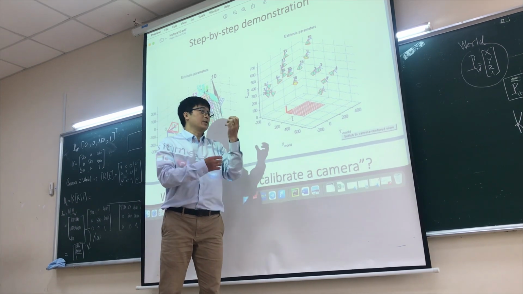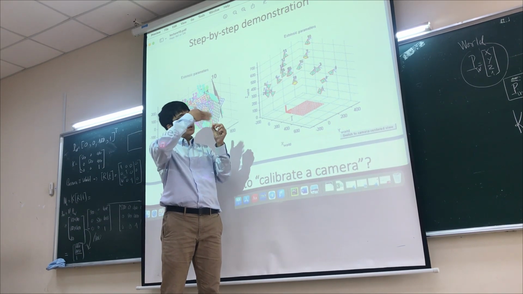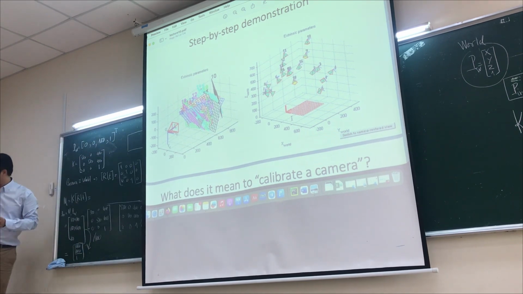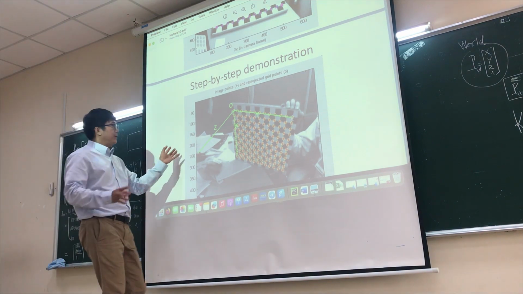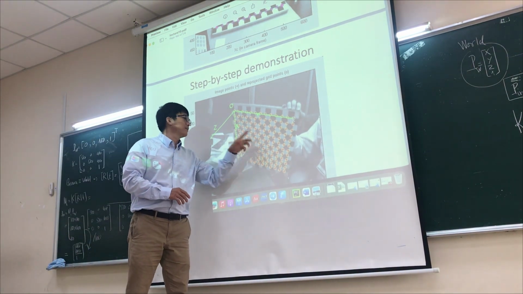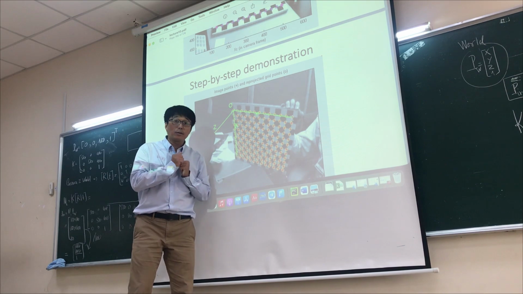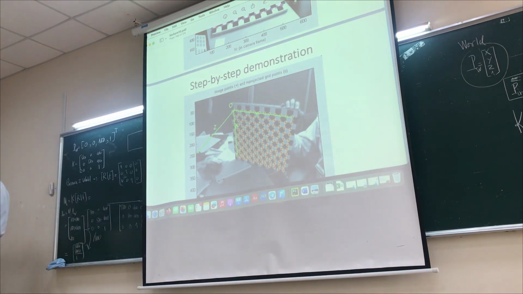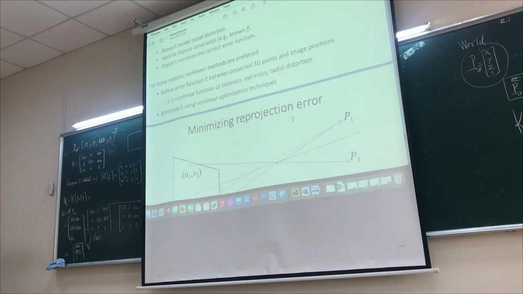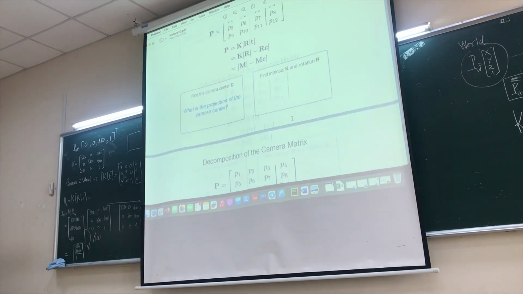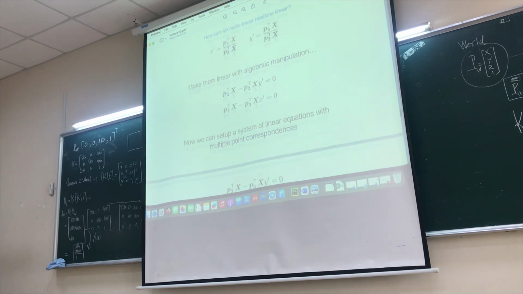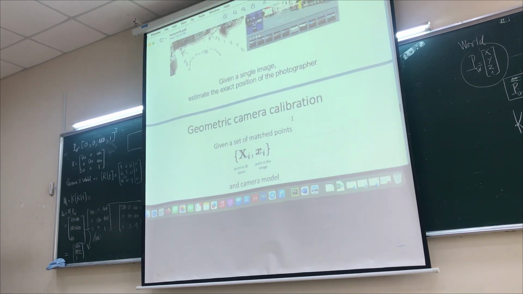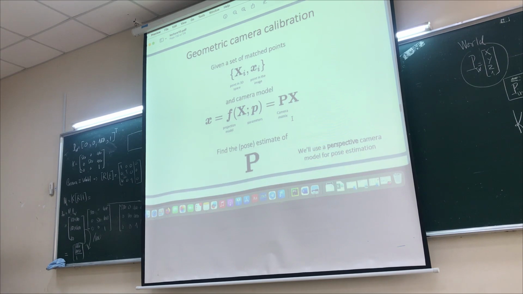Now you have a picture, so you use OpenCV or any application to detect the corners here. So let's go back to the equation. Let's talk from here. A lot of the mathematics you should know now.